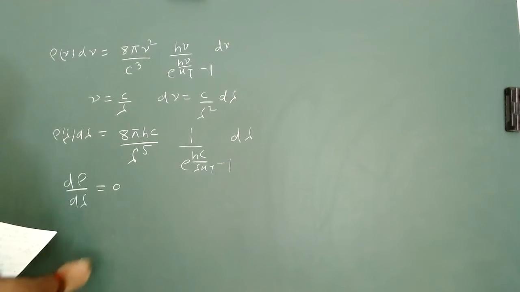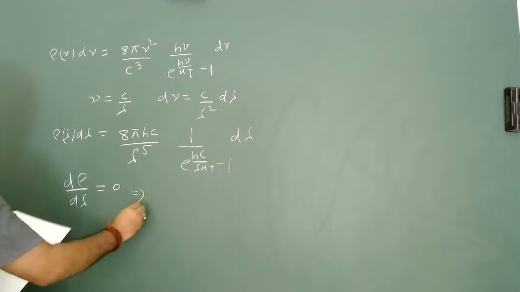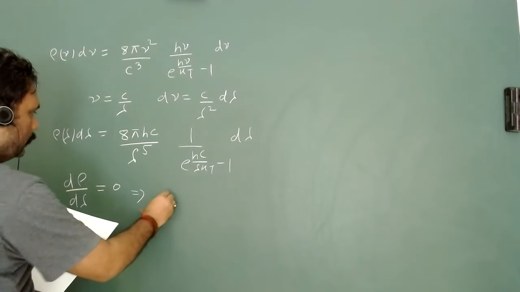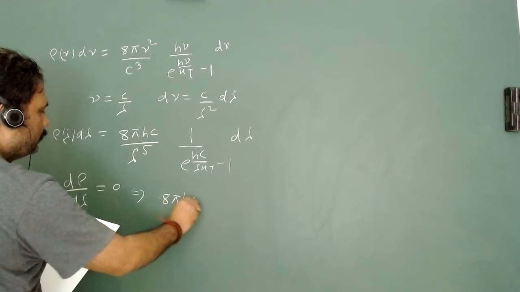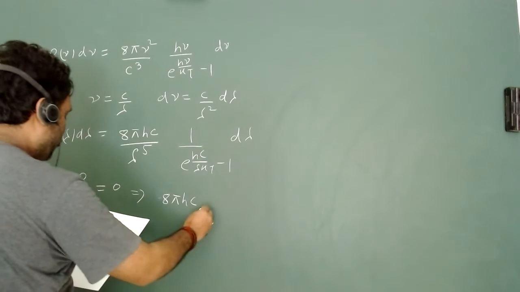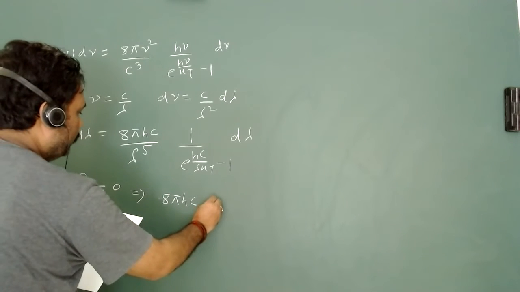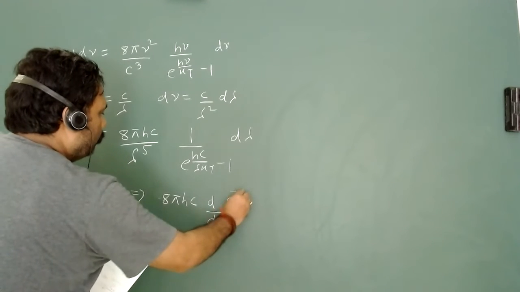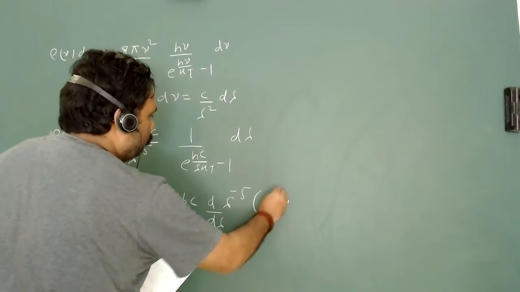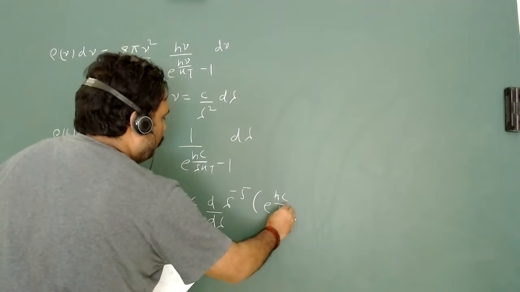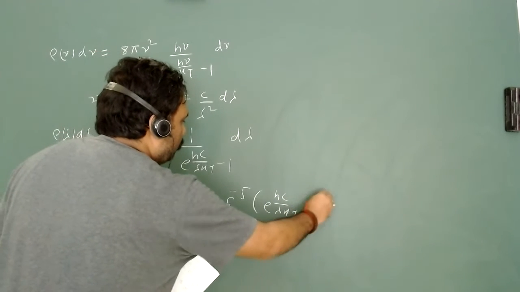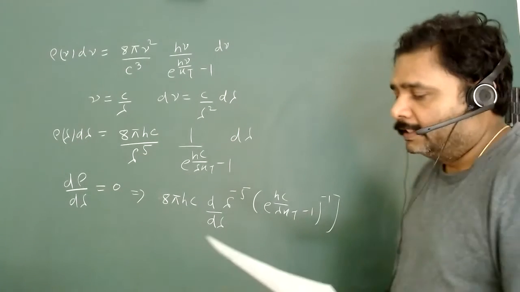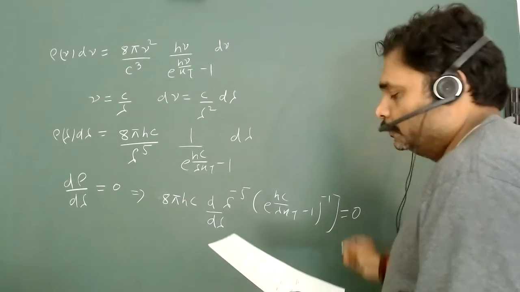We can take 8 pi hc common, and we have to differentiate d upon d lambda of lambda to the power minus 5 into e to the power hc upon lambda kT minus 1, to the power minus 1. This must be equal to 0.